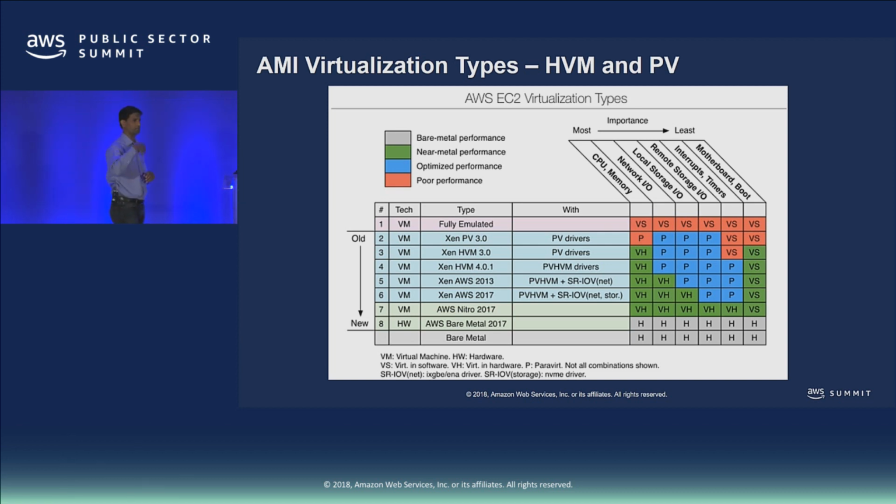If your operating system wants to talk to a hardware device like a NIC card or a storage device, those hypercalls get addressed at the driver domain layer, which is basically the hypervisor layer, and from the hypervisor those calls get delivered to the hardware layer.